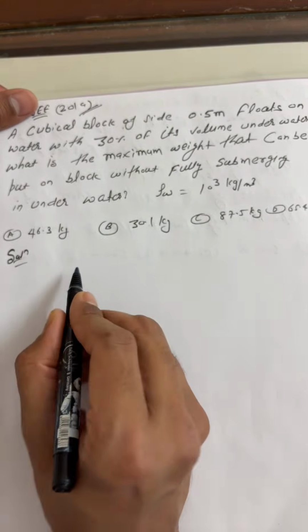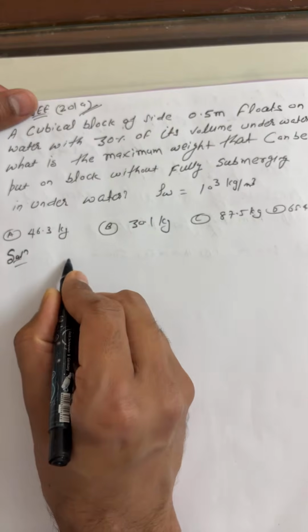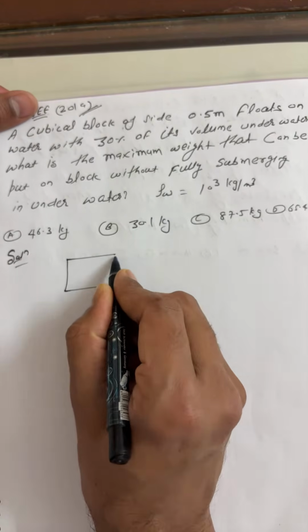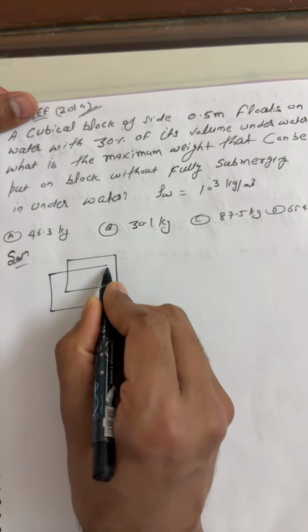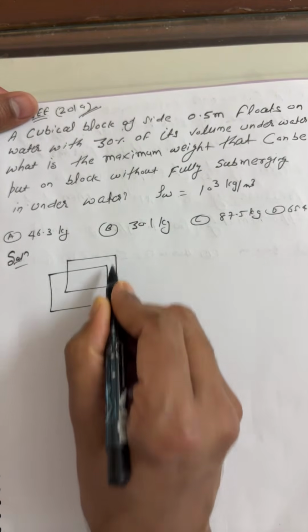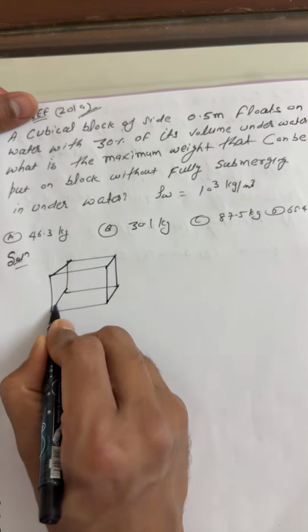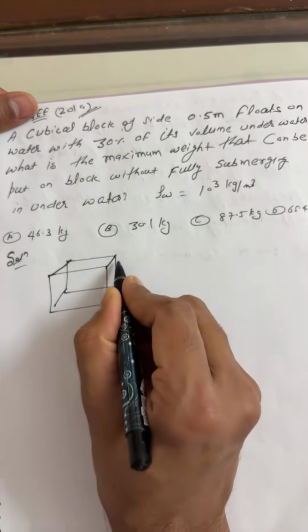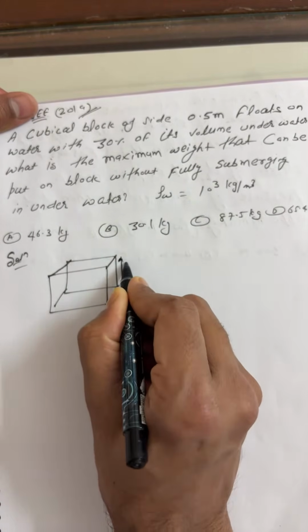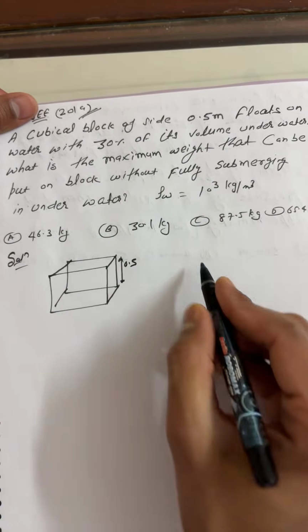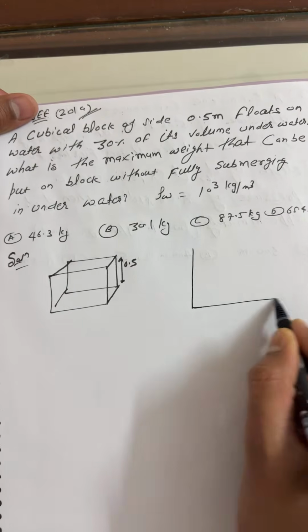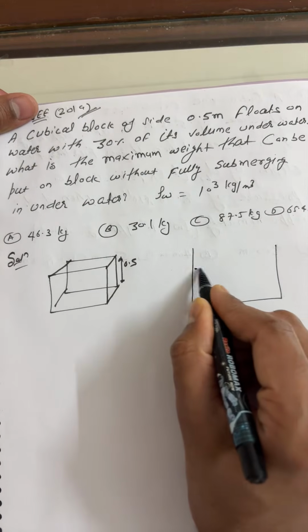Beta, a cubical block. You can take this as an ice cube or any material, it's not metal. The side of the cube is mentioned here. Beta, I'm considering g for this condition.